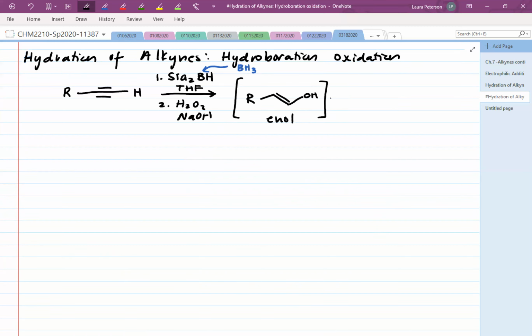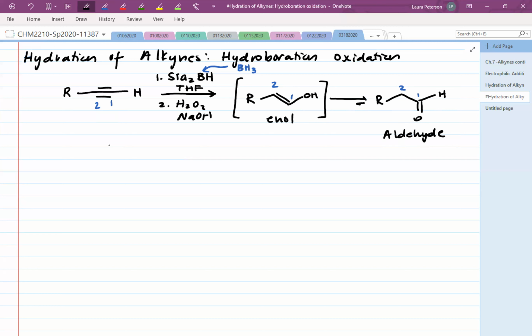But when we form this enol, as we talked about, enols are not particularly stable, and so we would rapidly tautomerize to the corresponding carbonyl species. But notice now how this corresponds, at carbon 1, to an aldehyde. So for terminal alkynes, I will end up with an aldehyde under these conditions, where under acid catalyzed hydration, I ended up with a ketone.